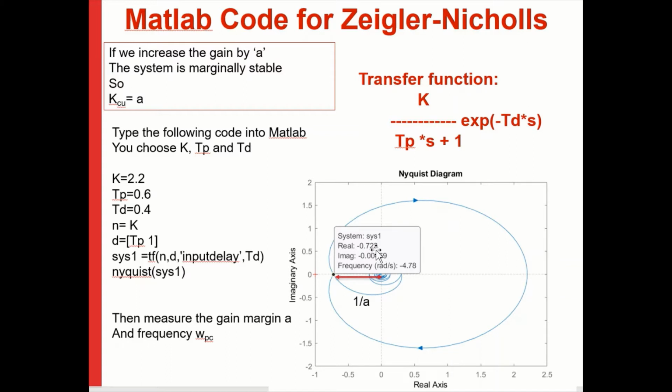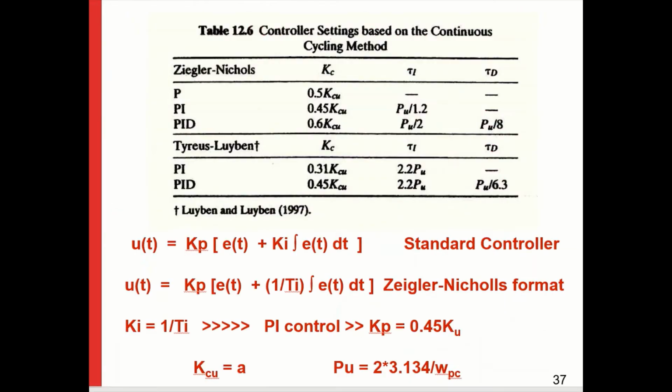This came out at about 0.73, so the gain margin will be 1 over 0.73. That's using the same sort of code we had here, and it also gives you the frequency at that point, so you could work out the ultimate period as 2 pi divided by that frequency. So there are two ways of getting at these answers.